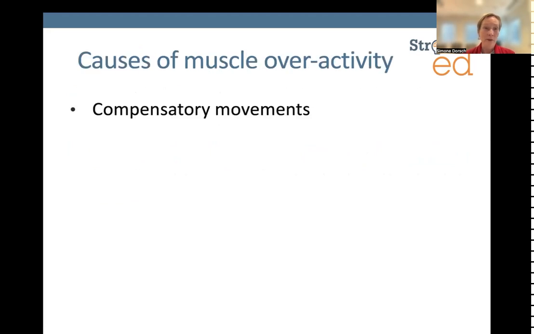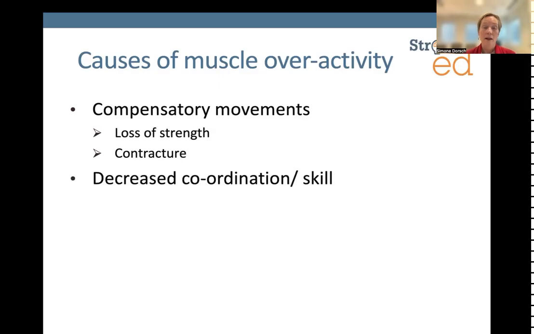So as a summary of the causes, what we often see as overactivity can be compensatory movements for the impairments that people have, for loss of strength or contracture, for example. It can be that people use some muscles excessively because of lack of coordination or skill in what they're doing, because of decreased sensation and because of spasticity.